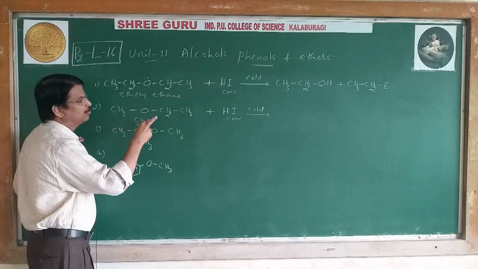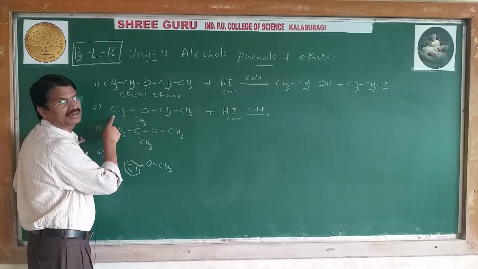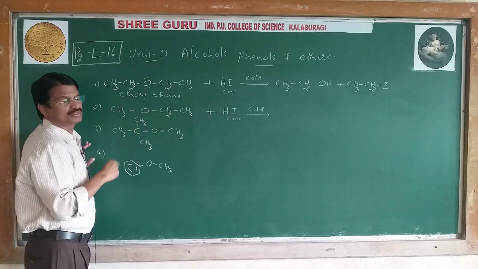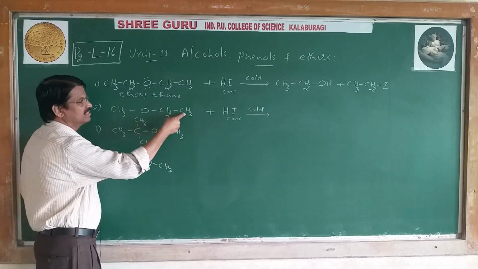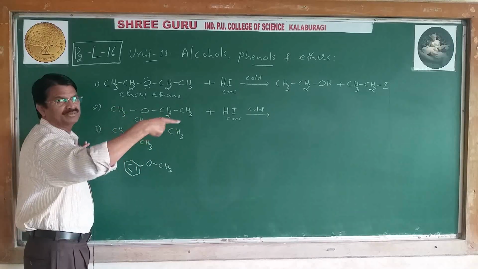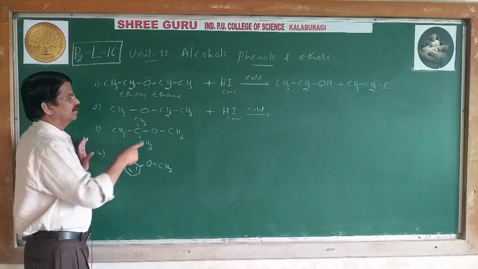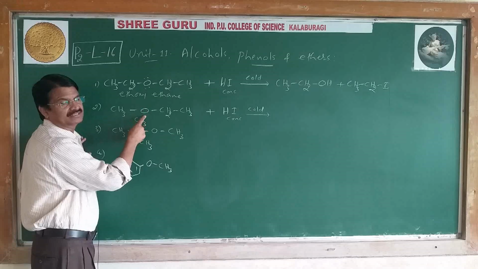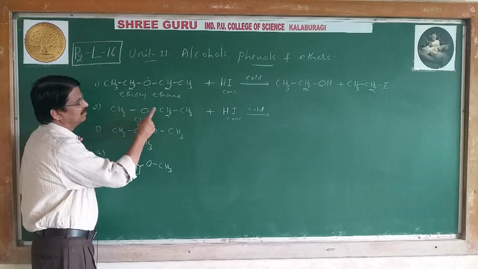See which bond is the weak bond, the OC bond of the ethyl group or the OC bond of the methyl group. The answer is that the OC bond of the methyl group is weak, because as the carbon chain increases, the inductive effect also increases and the OC bond becomes stronger. Hence, after formation of the protonated ether, the bond can break on this side, not this side.